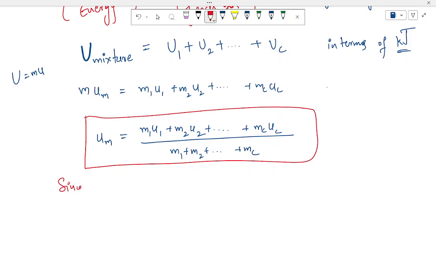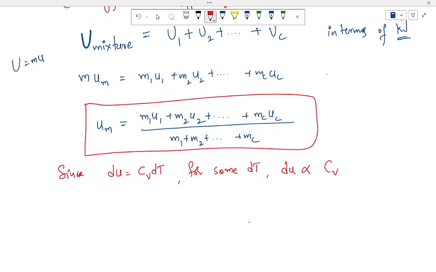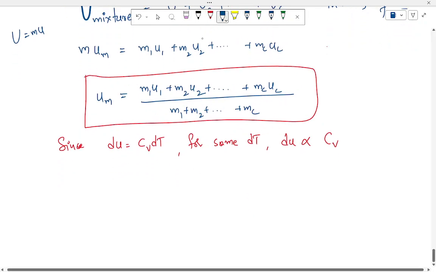Since dU is equal to Cv dT, for the same dT, we can write dU is proportional to Cv. So from that we can write, in place of U we will get Cv now.